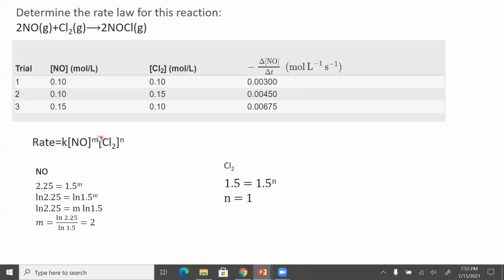So nitrogen monoxide is second order, chlorine is first order. Calculate K. All right, and I didn't put it on the slide, but when you calculate K, you should get 3.0, and then your units are going to be liters squared per moles squared seconds.